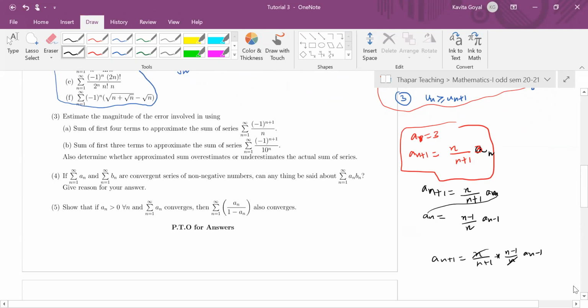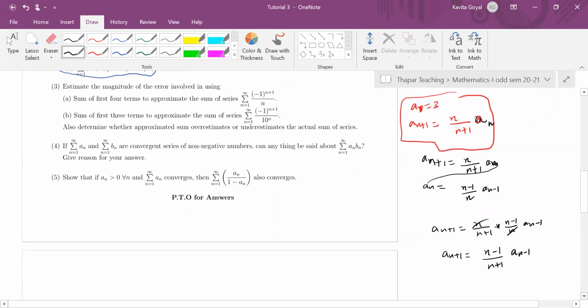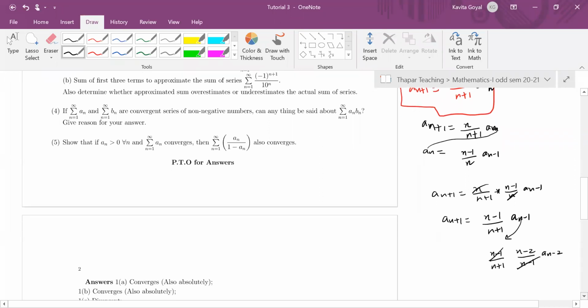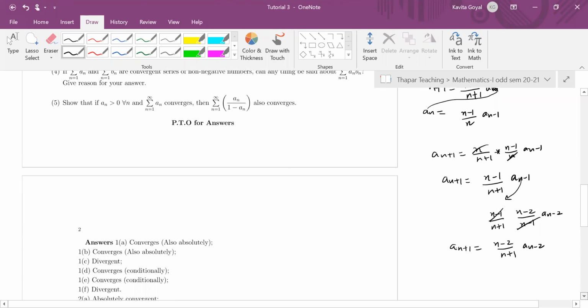This and this will cancel. So what I get is a(n+1) equals n minus 1 upon n plus 1 into a(n-1). Now further I can put the value of a(n-1), which is n minus 2 upon n minus 1 into a(n-2). So this and this will cancel, and a(n+1) is n minus 2 upon n plus 1 into a(n-2). Can you see what is happening?